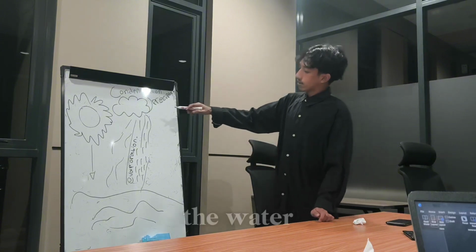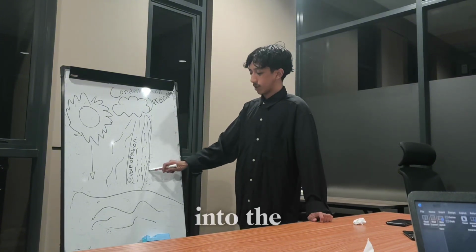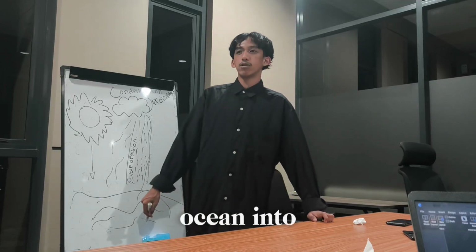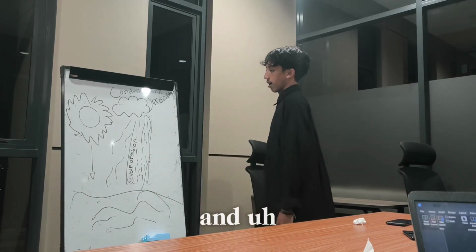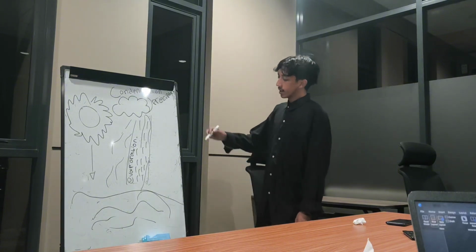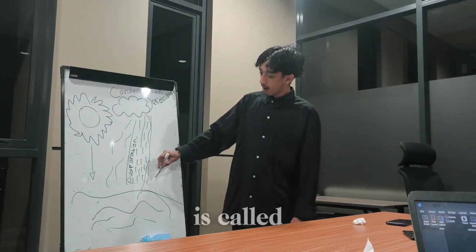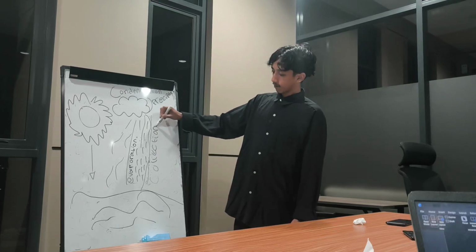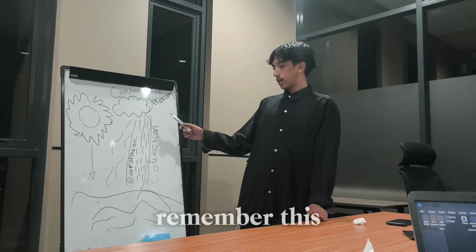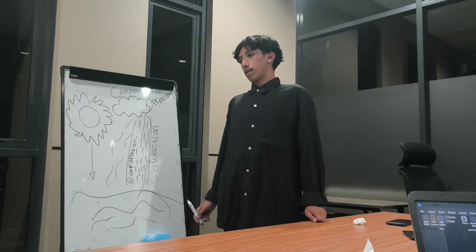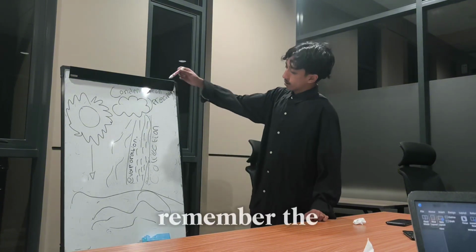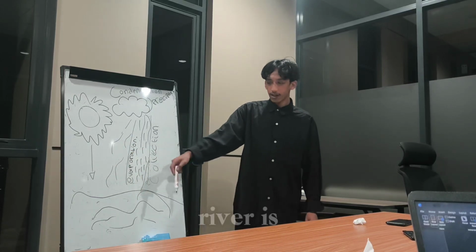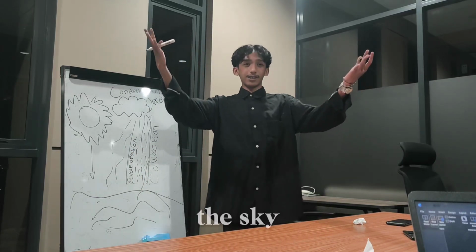And then the water falls back into the earth, especially into the rivers, the ocean, the lakes, and anything else. This process is called collection. You will remember this process as collection when you remember the water goes back into the river, and the river is collecting the water from the skies, right?